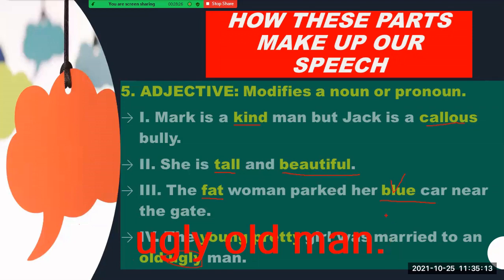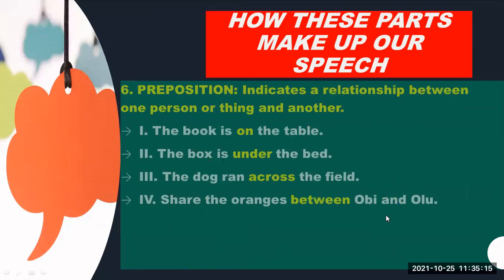Now, let's go to the next part of speech, which is number 6, and that is the preposition. A preposition indicates a relationship between one person or thing and another. For example, the book is on the table. On indicates the relationship between book and table.